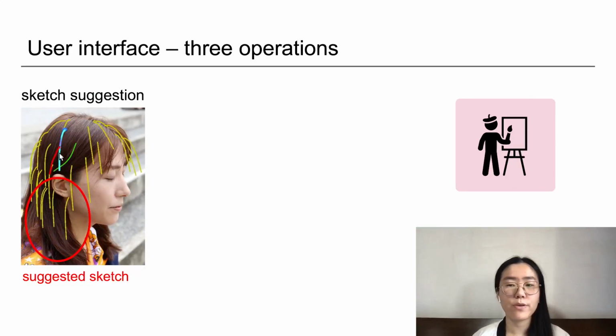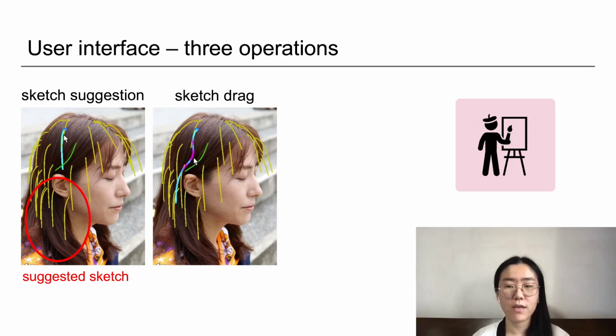We support three operations for users to interactively design guide hair. When users left-click to draw a stroke for one single strand of hair, the sketch suggestion system will show a red line to suggest the shape of the current designed hair strand. By right-clicking, users can drag the strand anywhere they like.